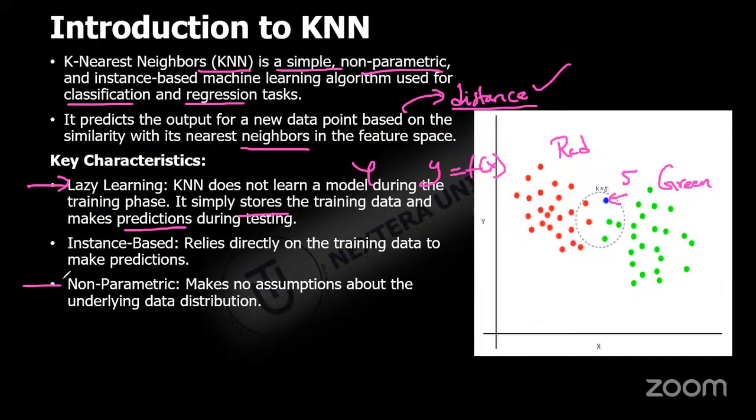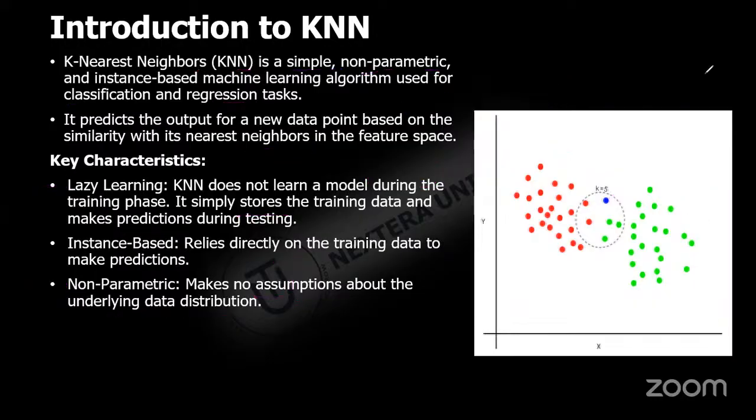It is also called a non-parametric algorithm because it does not consider any kind of assumptions. If you take other algorithms, the majority of them have assumptions about the data distribution. But KNN is non-parametric, which means it has no assumptions. Whatever the data might be, it uses the logic of distance.